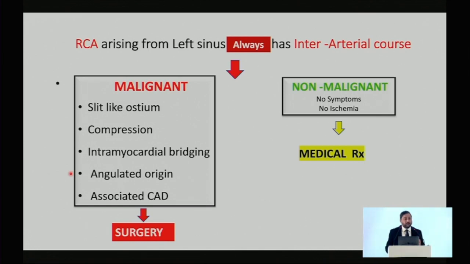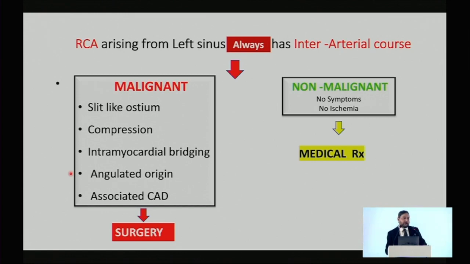But sometimes, rarely, it can be malignant when it produces angina on exertion, syncope on exertion, ventricular tachycardias, a large area of ischemia on thallium, and sometimes, very rarely, sudden cardiac death. When it is malignant, the various contributing factors are a slit-like ostium, compression of the proximal segment of the artery between the pulmonary artery and aorta, intramyocardial bridges, angulated origin, and associated CAD.